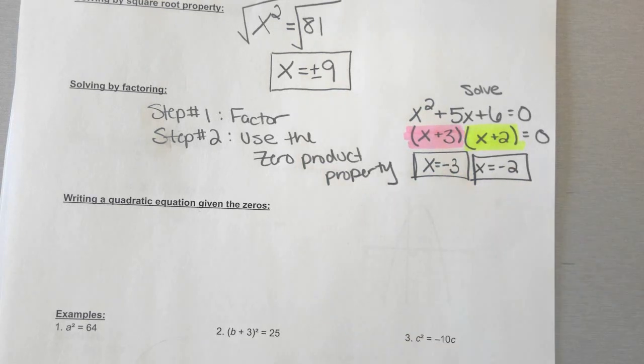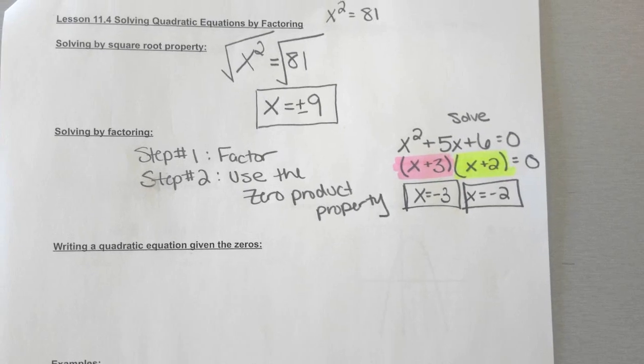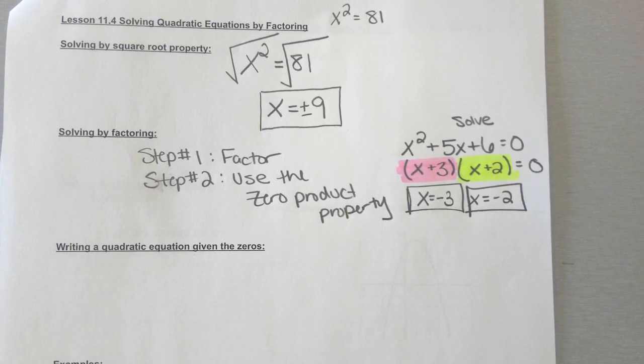Okay? Alright. Last thing we're going to talk about, and then we're going to do some more examples. So again, we're kind of like front loading everything and making sure we know some of this information before we get into the problems. Writing a quadratic equation given the zeros. So not only can I solve a quadratic equation, but I can also work backwards and figure out what equation gave me certain solutions.